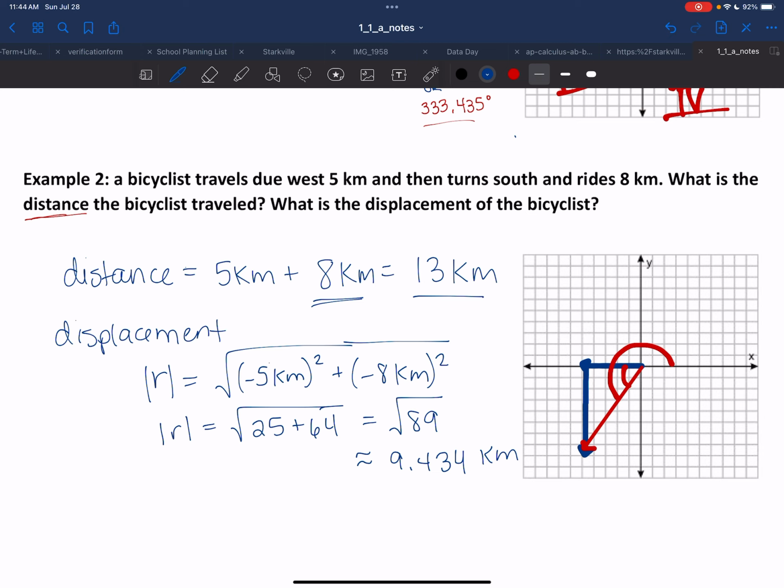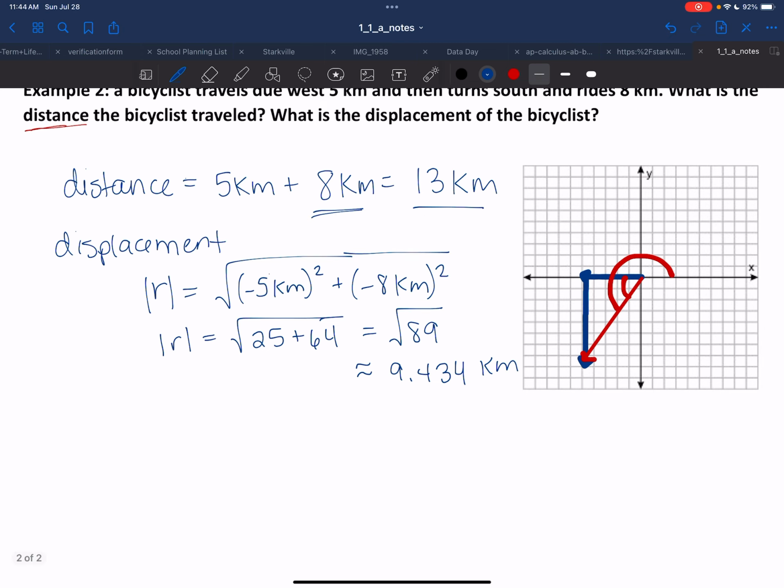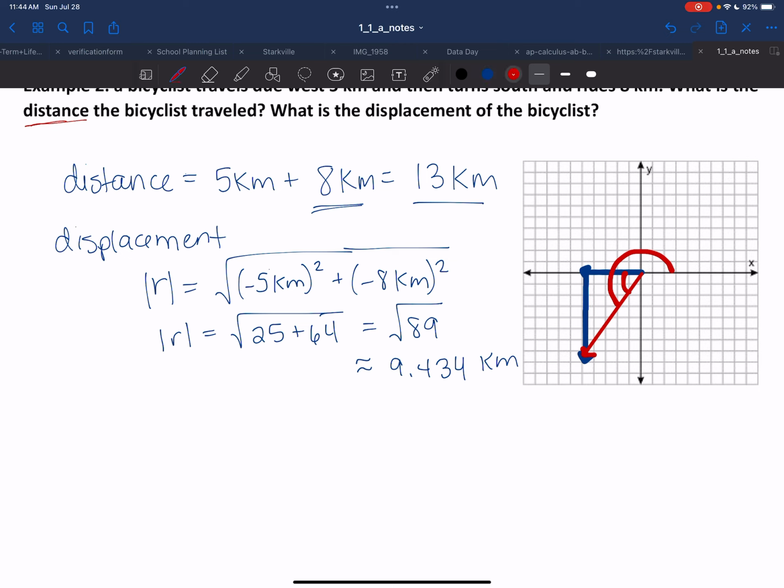Okay, so then the next part that we're going to do is find our angle. And our angle is going to be the inverse tangent of my y value, which is negative 8, over my x value, which is negative 5. So if I take my 8 divided by 5 and do the inverse tangent.